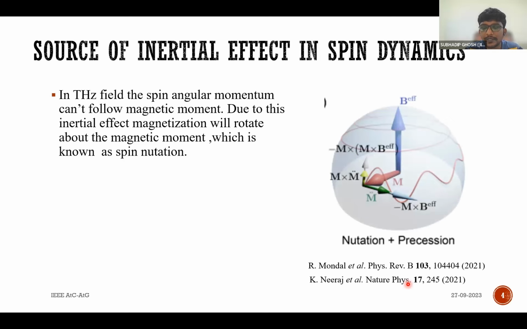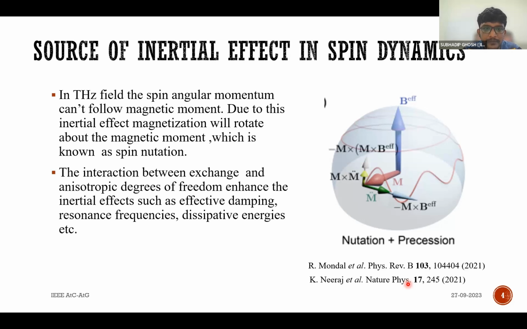So including the inertia and the precessional motion, we get this type of motion for a spin, where m cross b is the precessional torque and m cross the double derivative of m is the nutational torque.